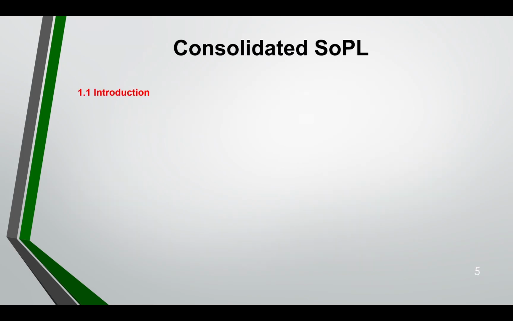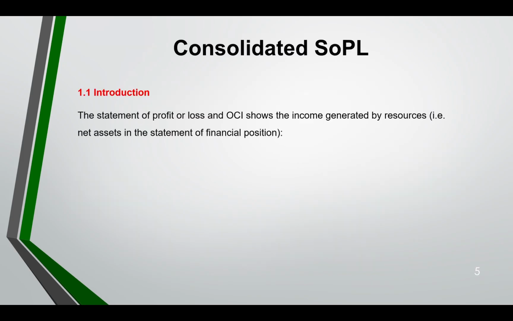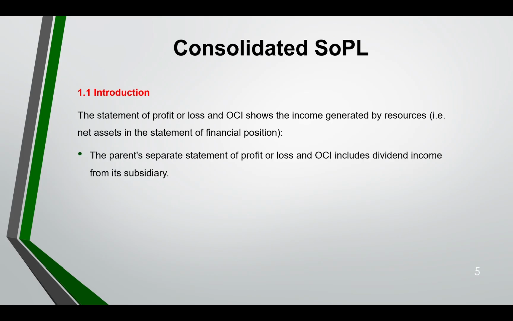Starting with your statement of profit and loss, it shows the income. Basically it is an income that is generated by the resources that you have. The parent's separate statement of profit and loss includes dividend income from their subsidiary.